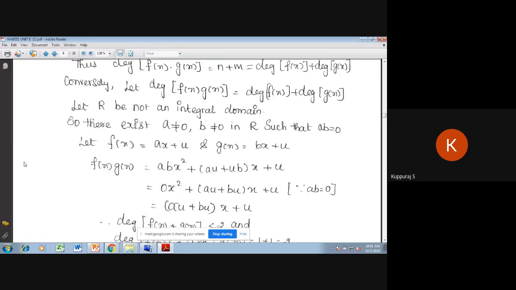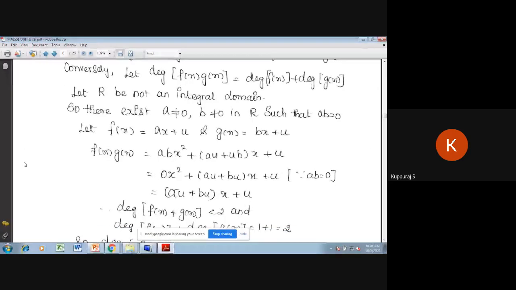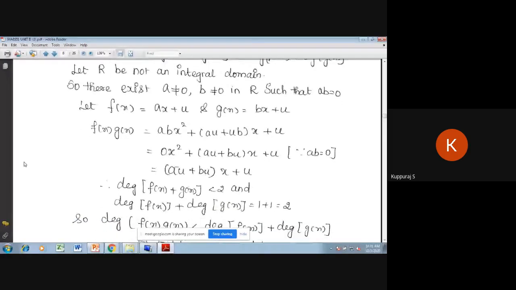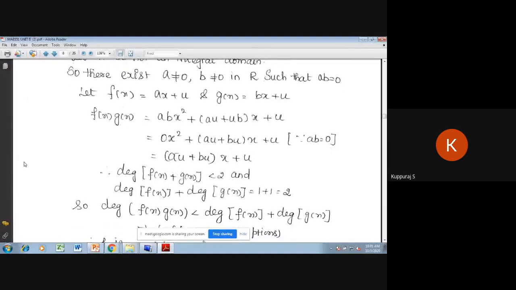So look here, the degree of f(x)·g(x) is 1, but degree of f(x) plus degree of g(x) is 2. So here the degree of f(x)·g(x) is less than degree of f(x) plus degree of g(x).